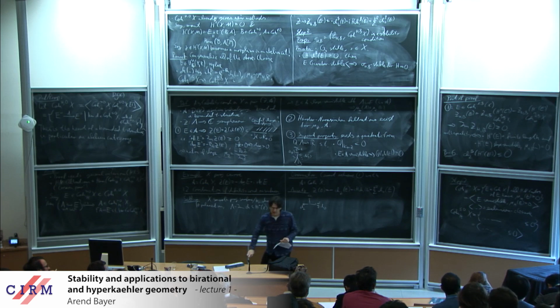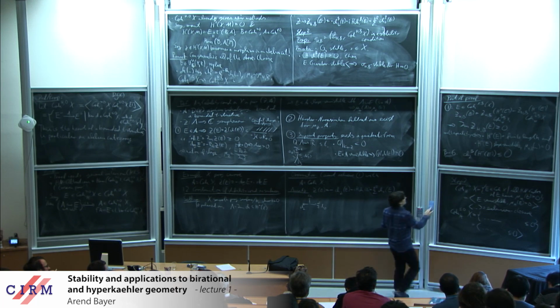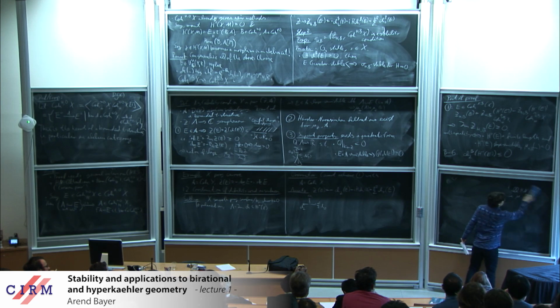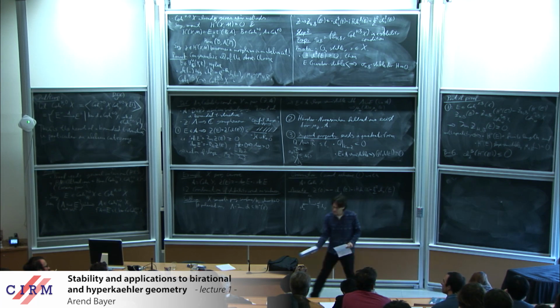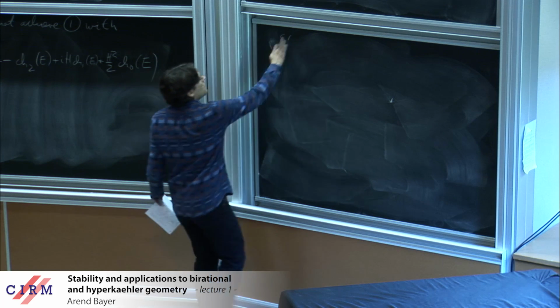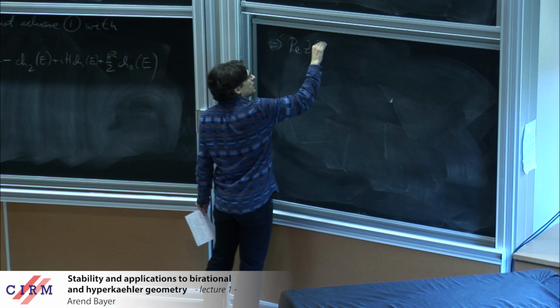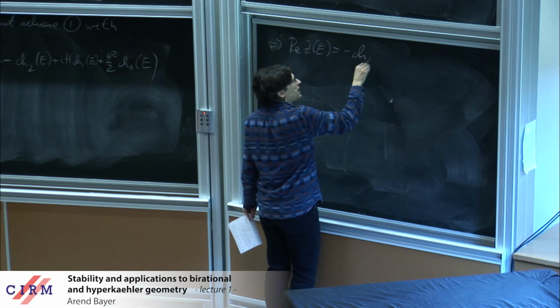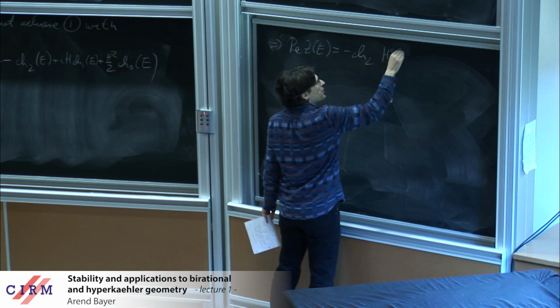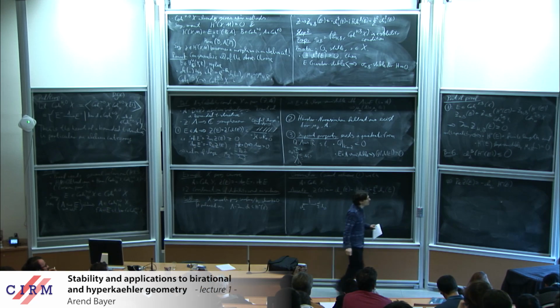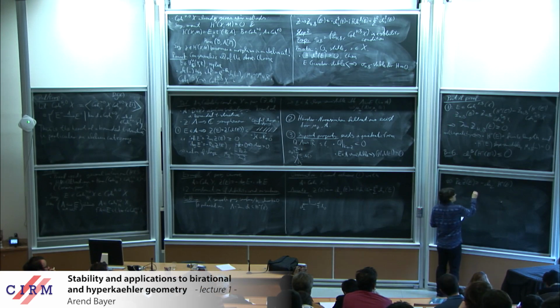And on the other hand, if you look at the real part, the real part of Z of E, that's minus Chern 2^B of H^0 of E. But since this is a finite length sheaf, this is just a length, or just the ordinary Chern 2.